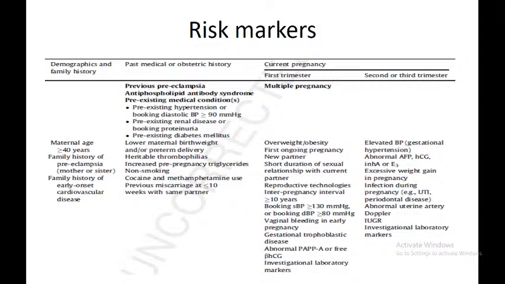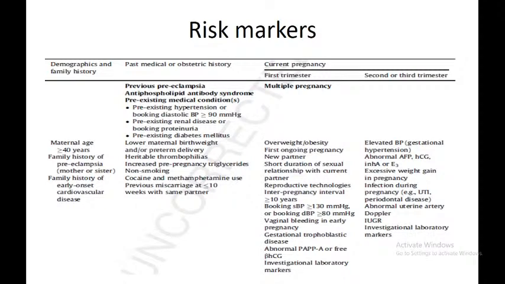So whenever you try to take history, you need to always try to elicit the family history of early onset cardiovascular disease. And coming to her past medical or obstetric history, if she's a second gravida or a multigravida, always inquire whether she had any previous pre-eclampsia. Because it tends to be an important risk marker for developing this condition again in the present pregnancy.